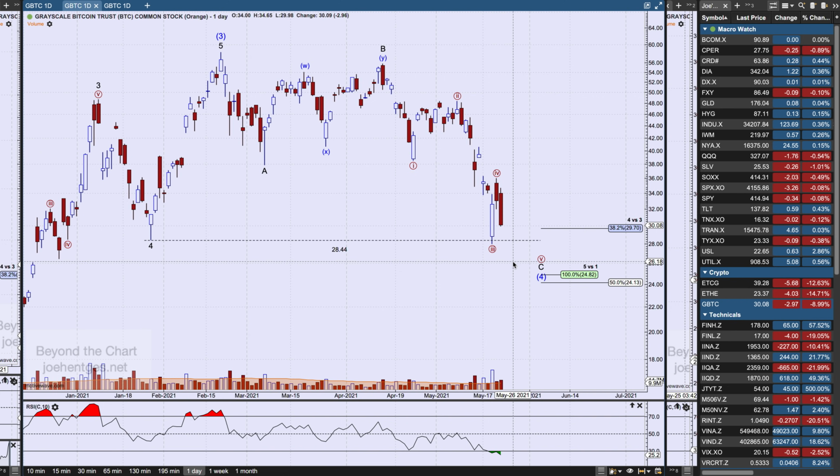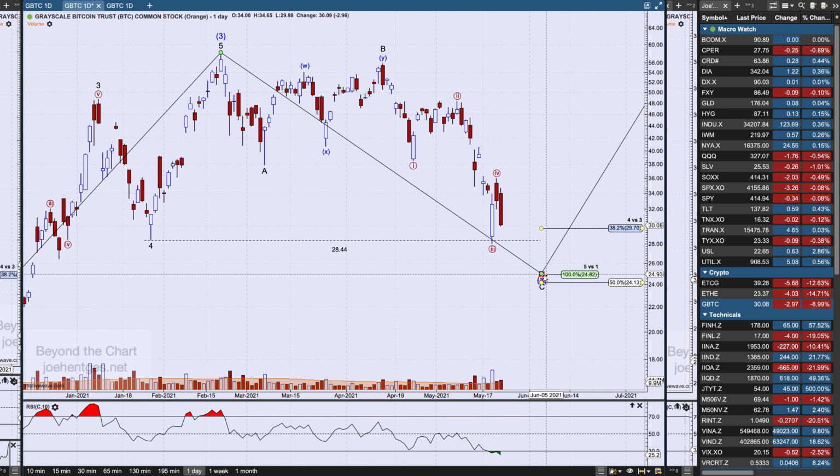Now, I have tweaked this a little bit. When I'm looking at A, B, C, here's where C would equal A, and it's 24.82. Okay, that's where it would equal. And so let me just pull that down here, just so you know that I'm putting it right there.